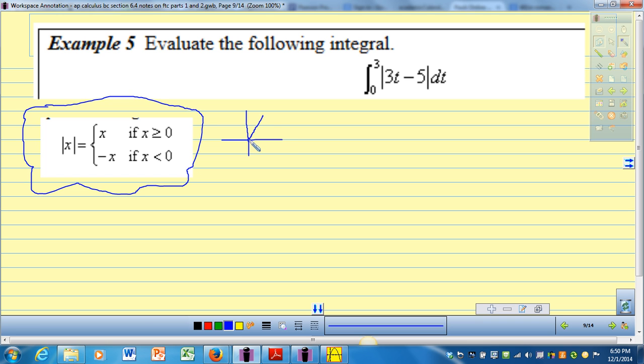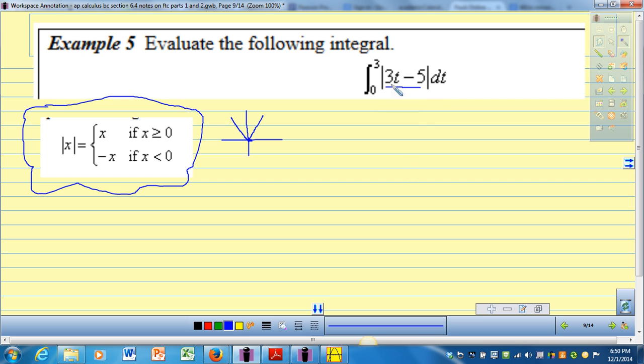If you recall, absolute value looks like this. And at x equals 0 is where the function equals 0 and where our vertex is. So the key when you're integrating these is to find where the function that's inside the absolute value will equal 0. And another thing to think of when you see an integral with an absolute value, anytime we are asked to integrate or differentiate the absolute value, we have to remember we have to do something different because there's no set rule for integrating or differentiating absolute value.